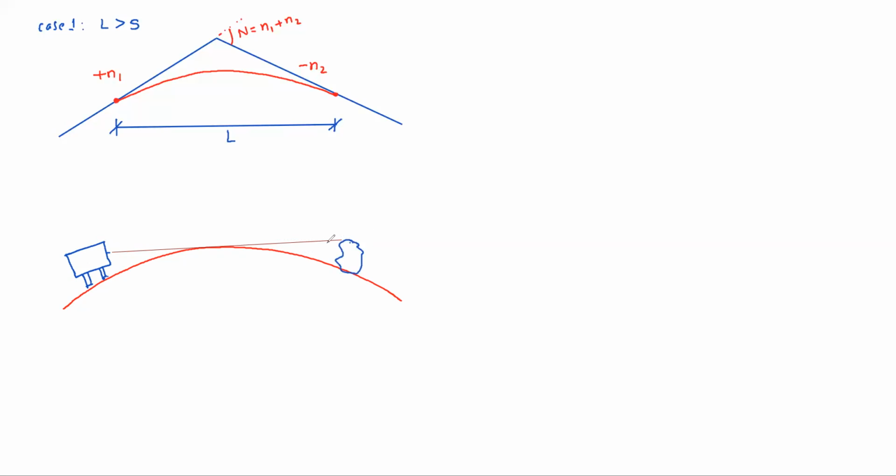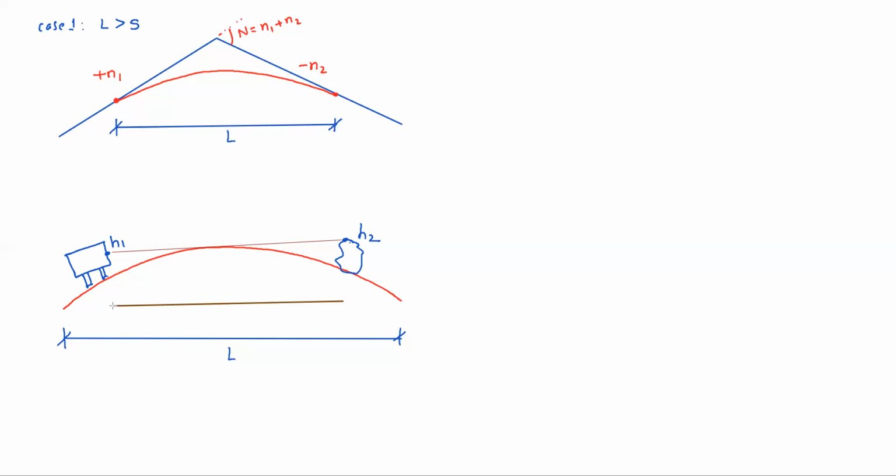Object. Let us assume it is h1 height. This height is h1. This height is, let us assume, h2. Okay. So length of curve is this one. Sight distance is, let us assume this one is sight distance.